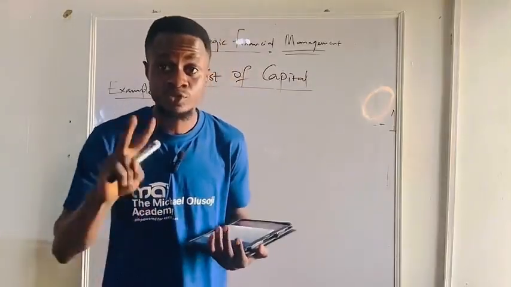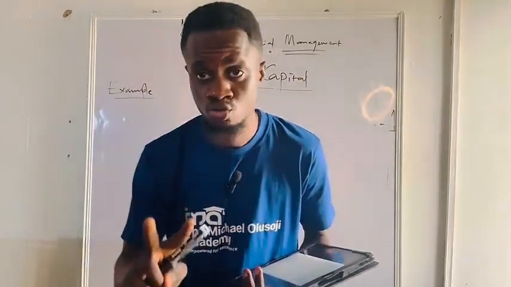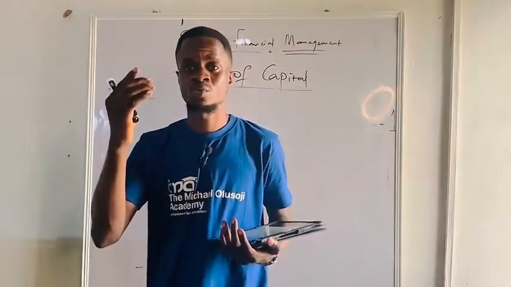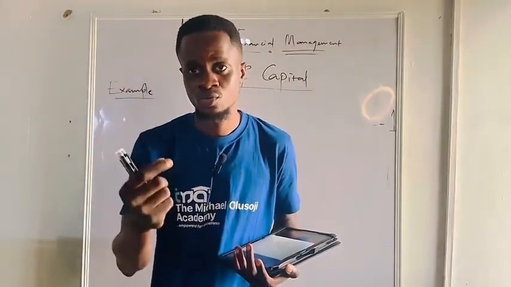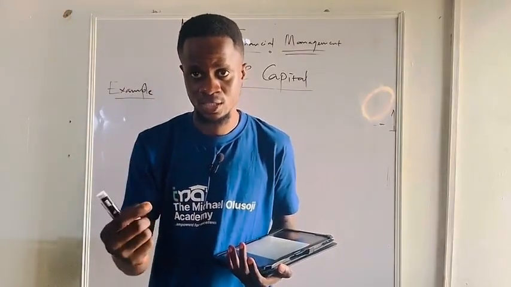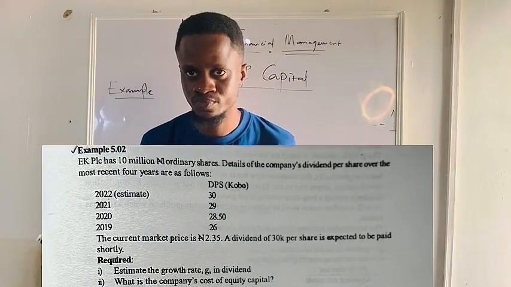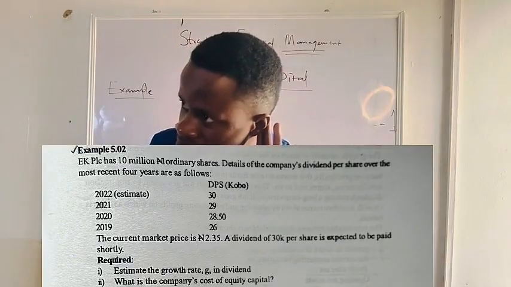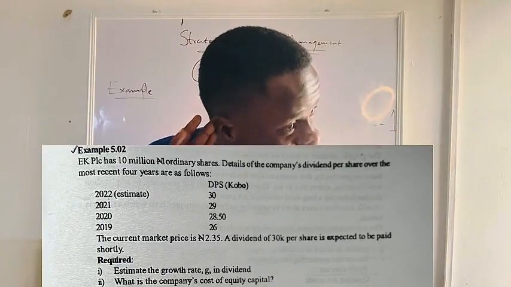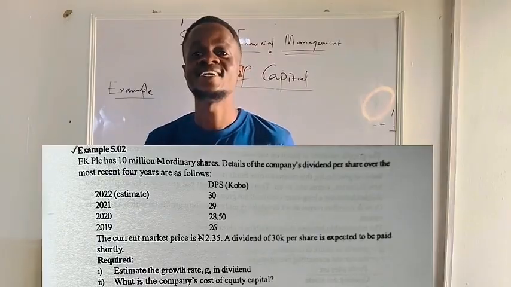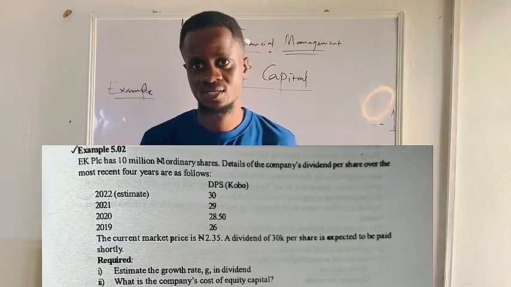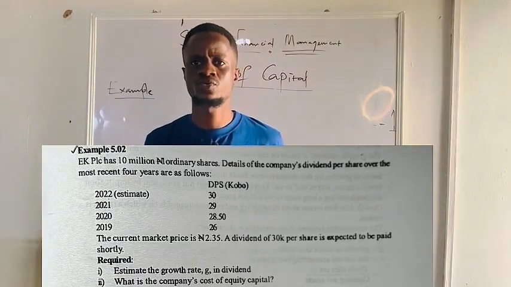And don't forget, we have 2 methods or 2 approaches in which we determine the value of growth, or the growth rate. So based on this question, which method are we going to use? Historical method. Historical method, that's what we're going to use.